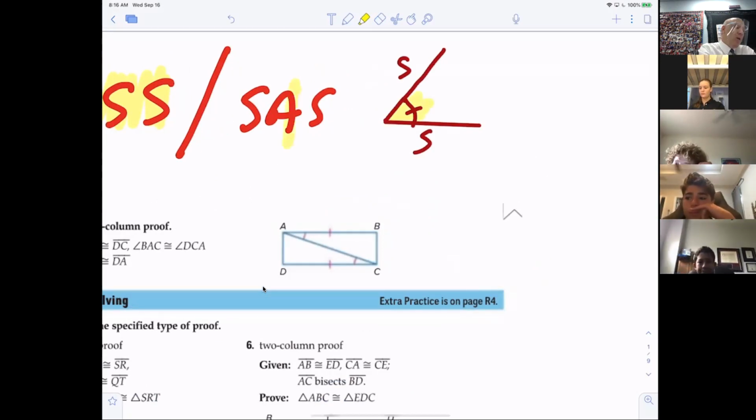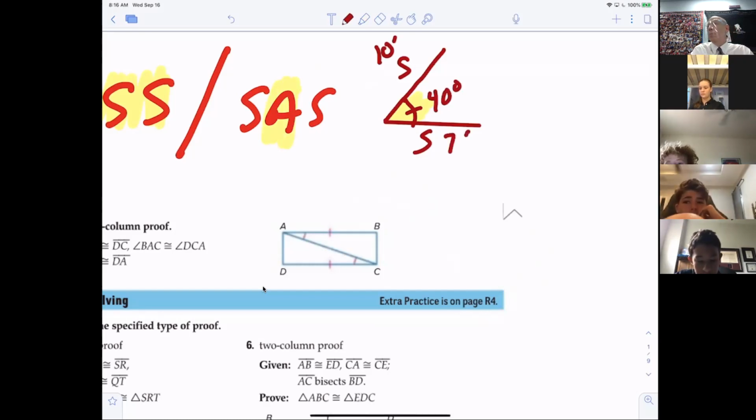Everybody good with that? So if I said, everybody draw a triangle that's 10 inches and has a 40-degree angle and 7 inches, guess what? Everyone would do what? Draw exactly the same triangle.